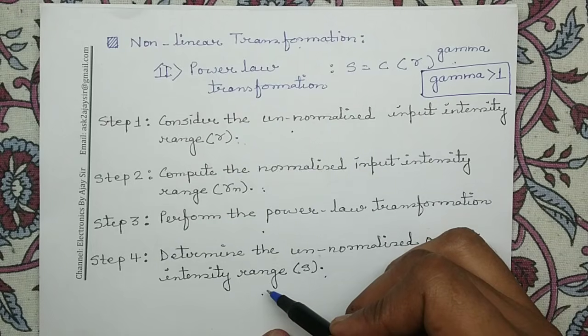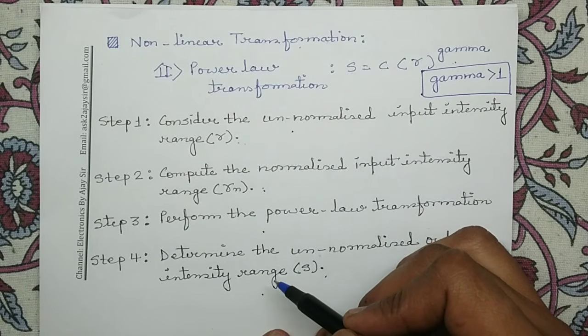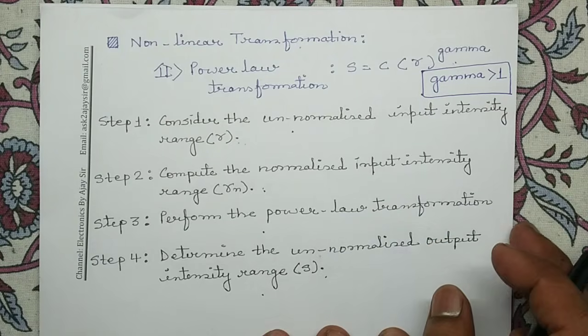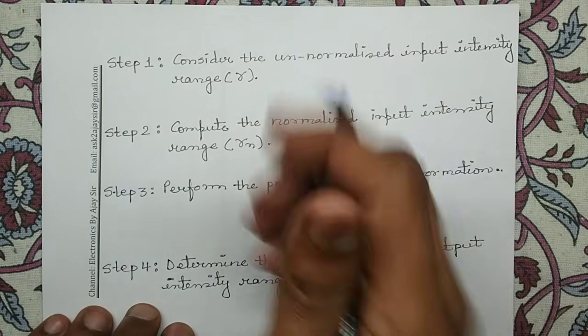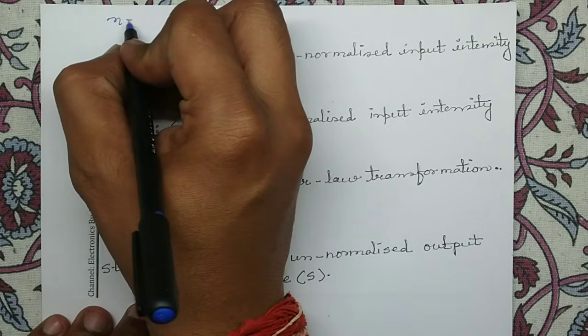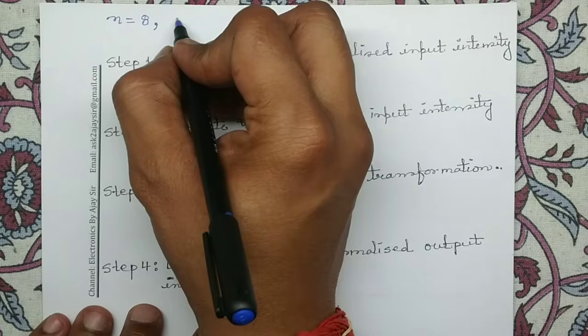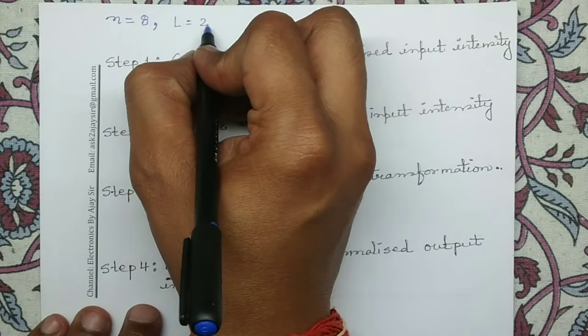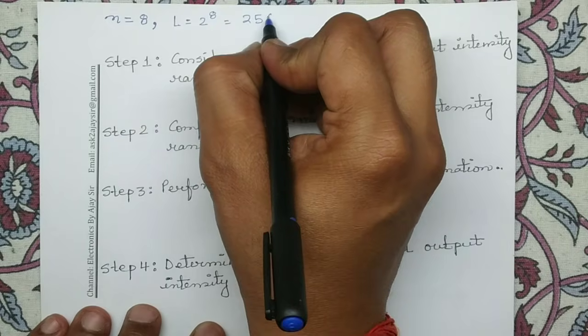So in order to understand the power law transformation, let us take the example of an 8-bit image. For an 8-bit image, n equals 8. If n equals 8, the number of gray levels L equals 2 to the power 8, that is 256 gray levels.